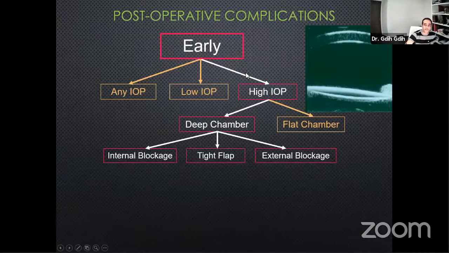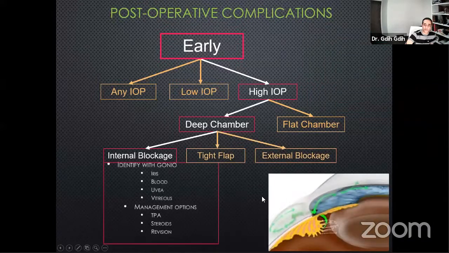Okay, so we agreed that if we have an early post-op complication with a high intraocular pressure and deep AC, deep chamber, we have either internal blockage, a tight flap, or external blockage. If we have internal blockage, you can identify it with gonio, because you're going to see a blockage happening somewhere there. It could be iris, blood, uvea, or vitreous tag.